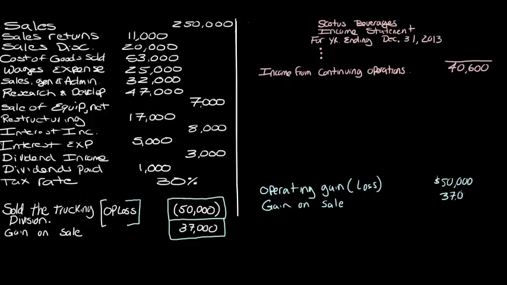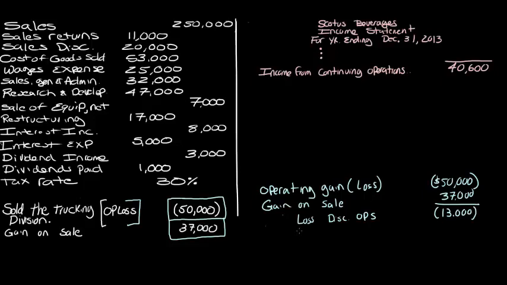So, I should put negative around this so we know what we're looking at here. So we have a loss on discontinued operations of $13,000. Now, the other thing we do with discontinued operations is we include the tax effect.